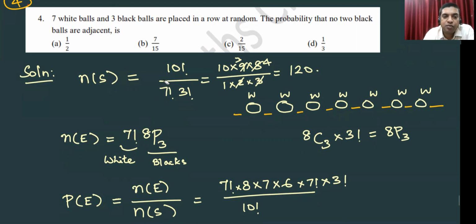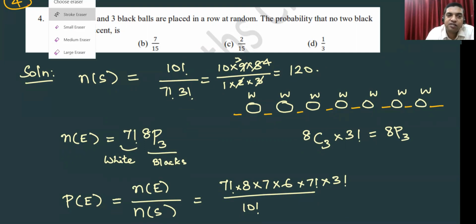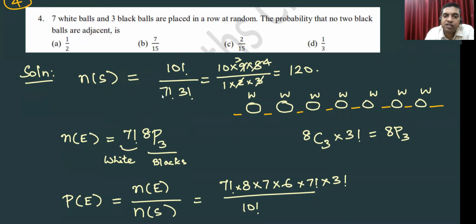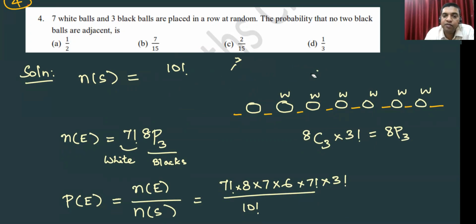If they are alike, then we don't have to do the 7 factorial. Take this as distinct, just like 10 men and 3 women arranged in a row; they can be arranged in 10 factorial ways.